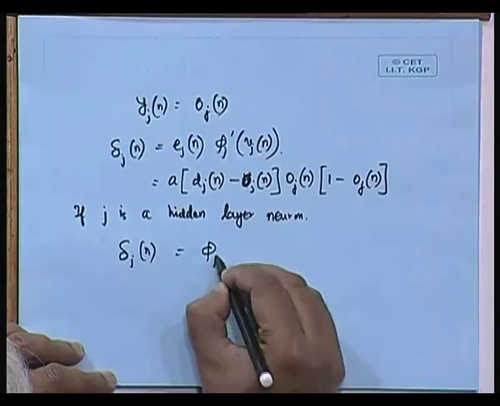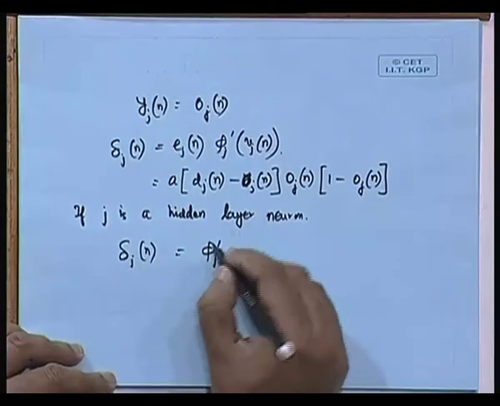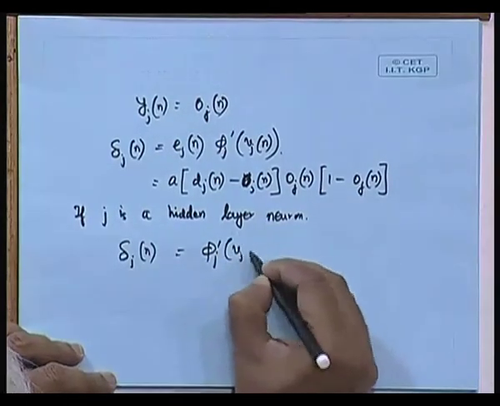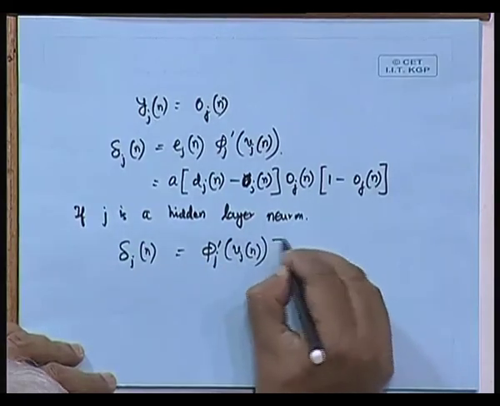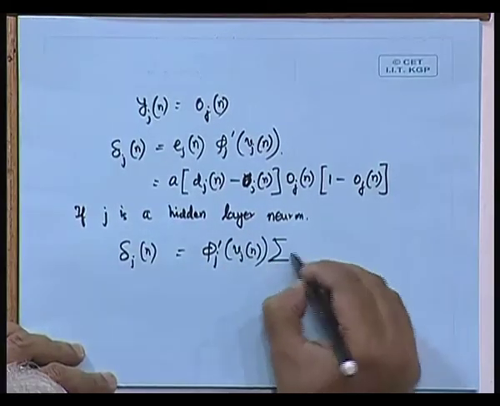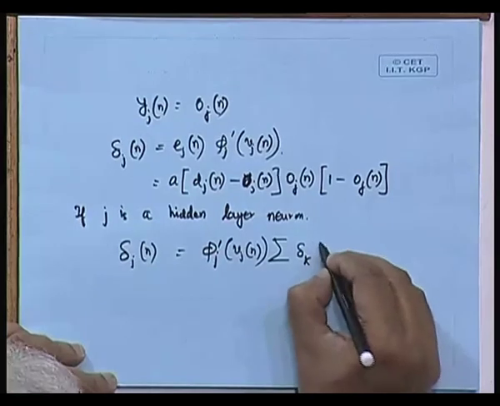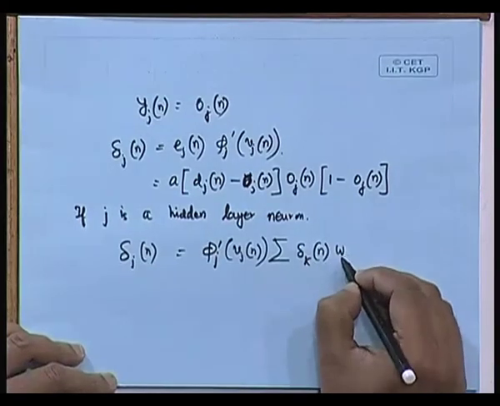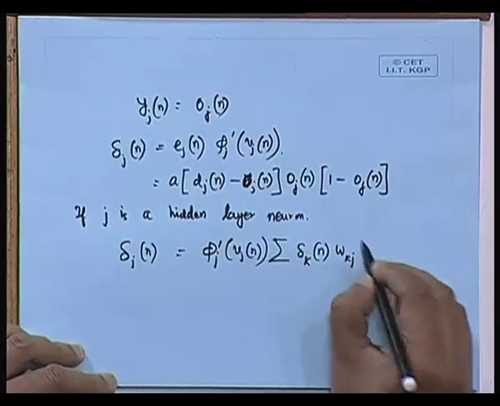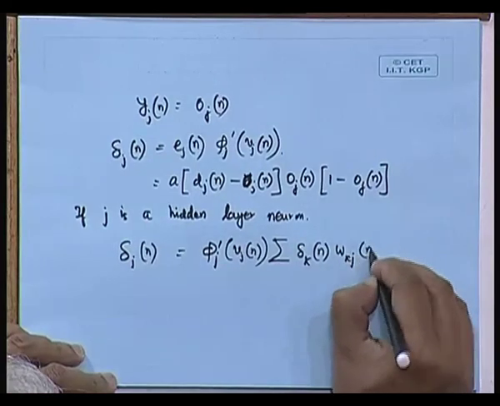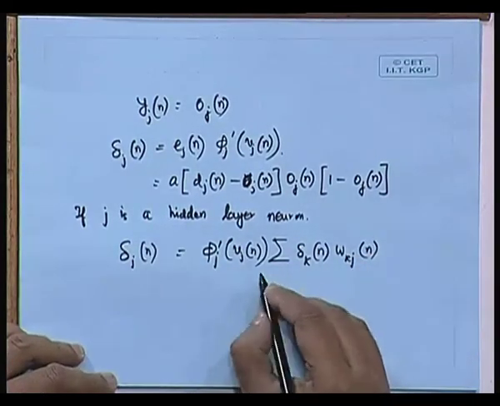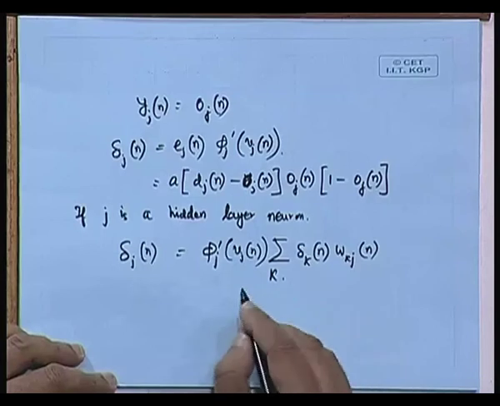So, what we are going to have is phi dash j, that means this neuron j which is under consideration, vj n, times summation of delta k n w kj n, and this summation is over k.